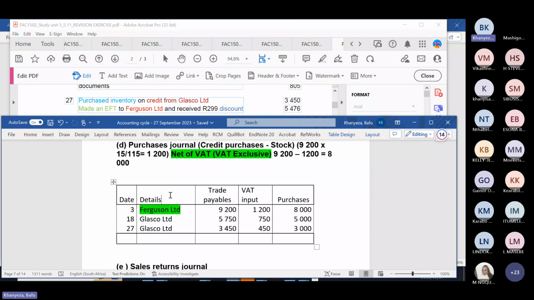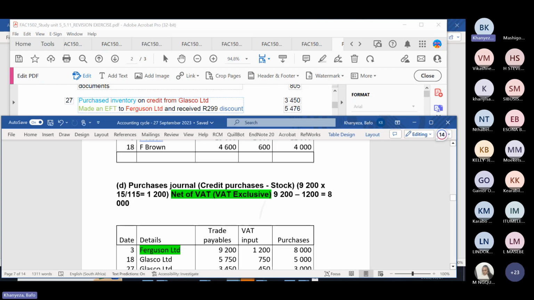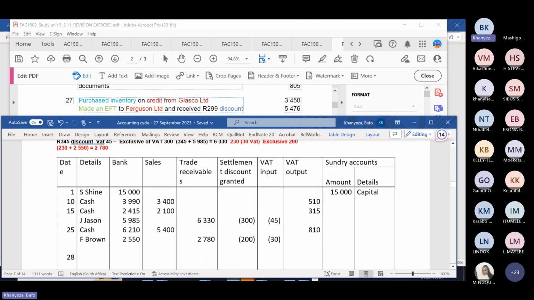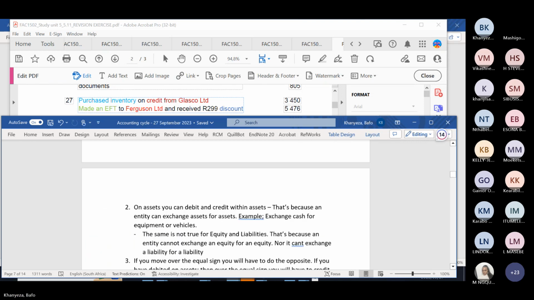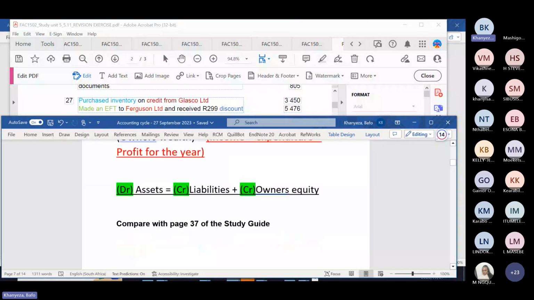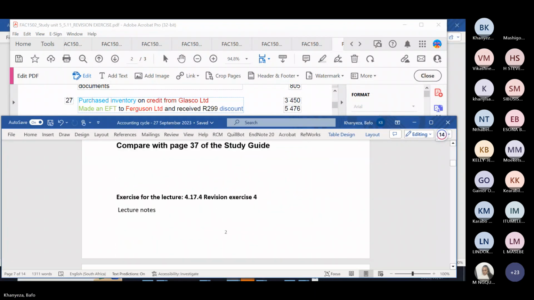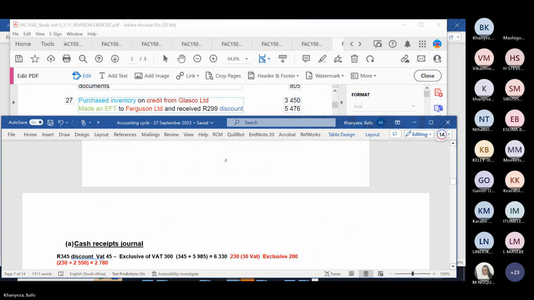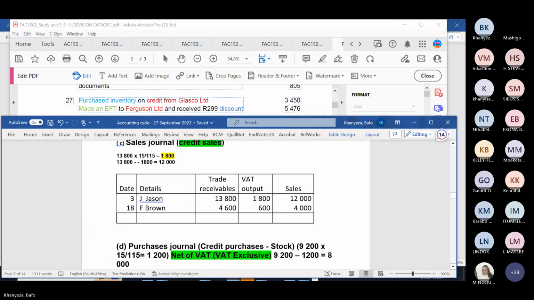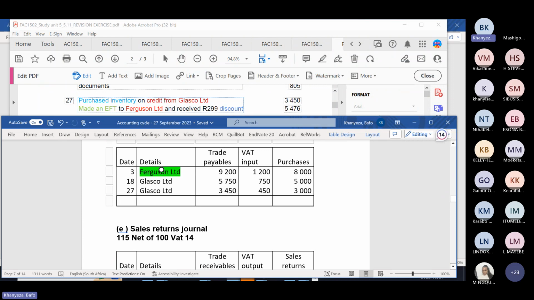Paid Ferguson by direct payment and received a 299 discount. Let's see whether this was an amount that is already in. So here is Ferguson.